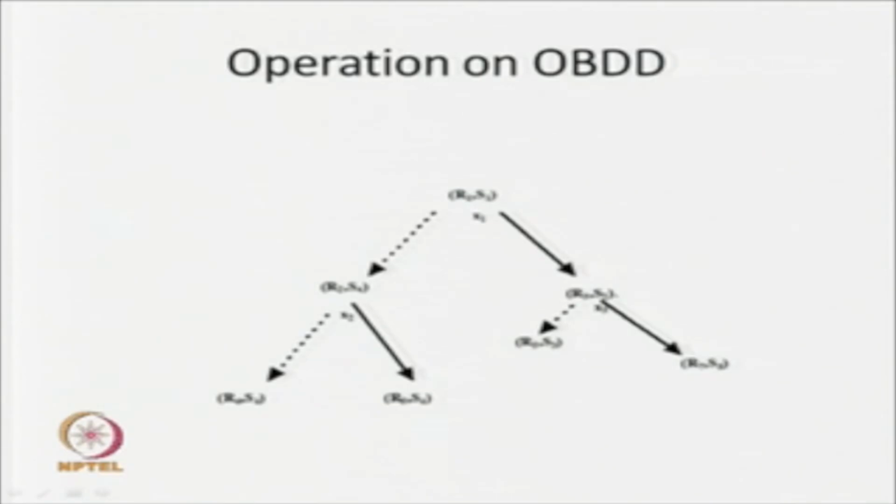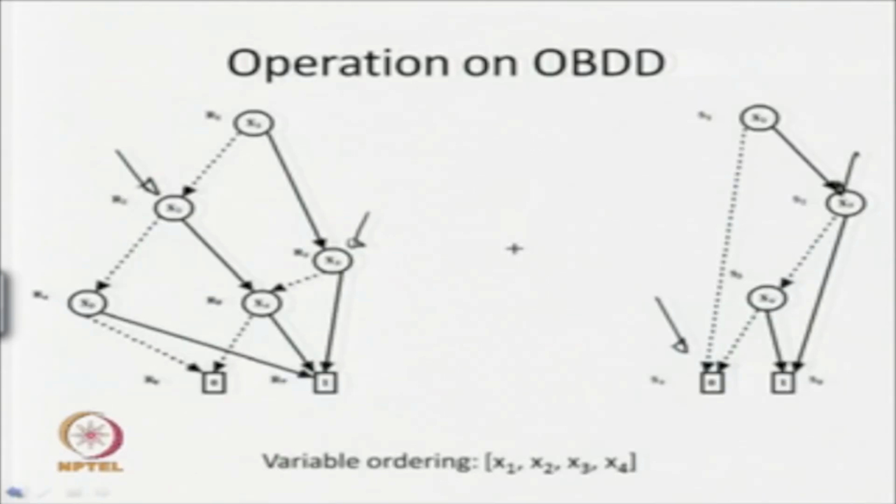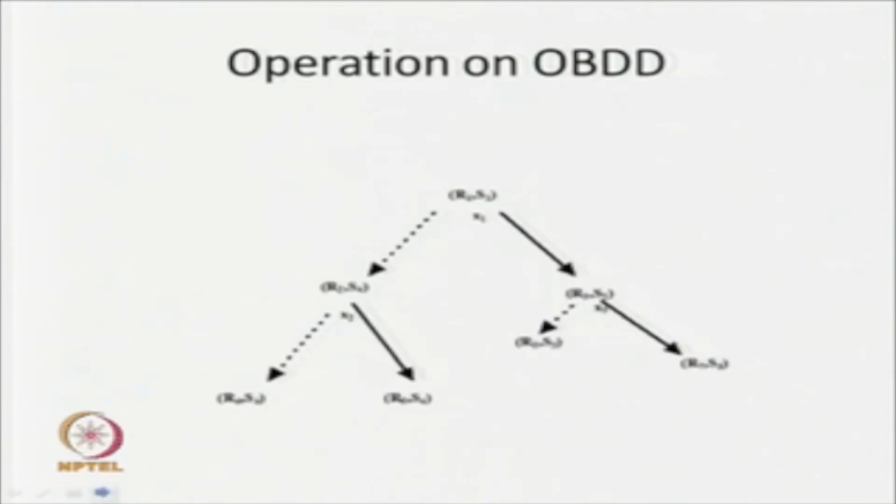Both are non-terminal nodes, and we get an x3 node over here, because this is x2, and this is x3, and this is also x3. So, I am going to create an x3 node over here, and we get these two dashed lines and solid lines.